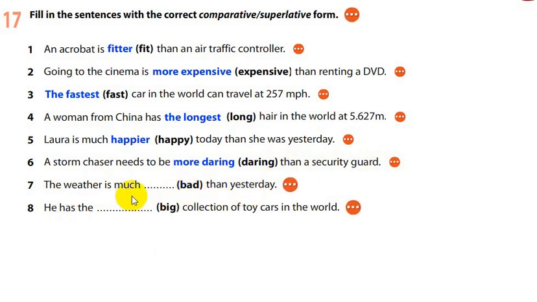So we must use much worse than yesterday. And the last one, he has the biggest collection of toy cars in the world. Bigger, the biggest. We compare with the superlative form. And remember, we must double the last letter. Bigger, the biggest. Okay.